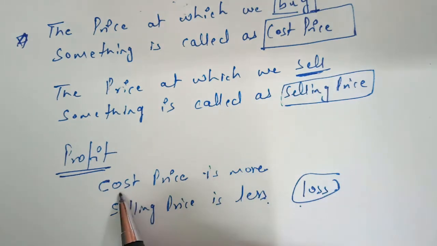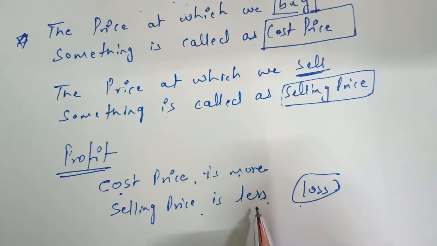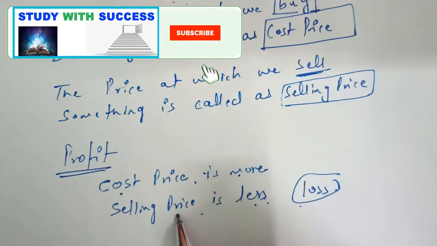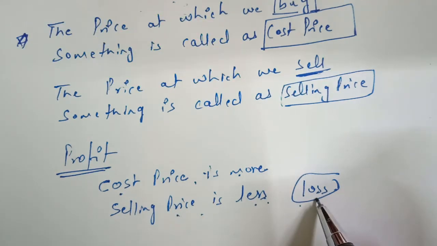Why? Because he paid more amount for that material to the retailer and he got less amount for that material from the customer. So he suffers a loss.